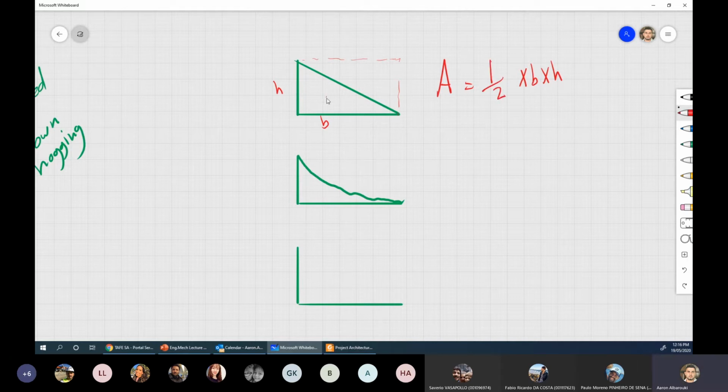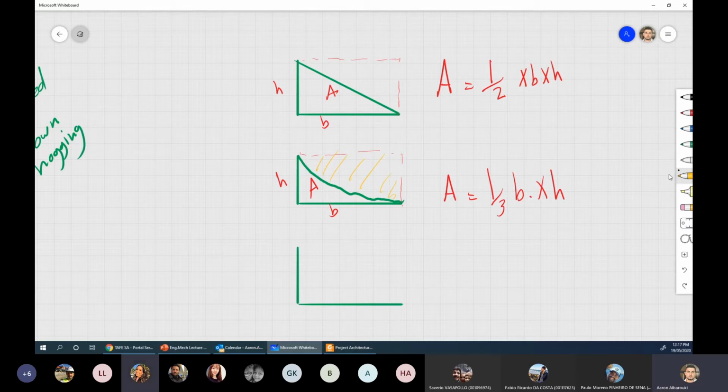The area here, this is A, and always this is B and H. The area here equals A equals a third B by H. In other words, I'm saying the area of this is a third of this rectangular area. That means what's the area here, guys? If this is a third, that's 2/3.